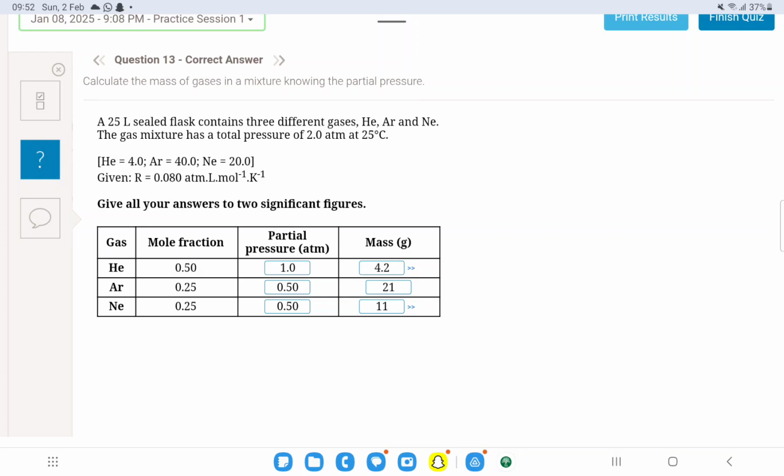We can find the moles with PV equals nRT. So PV, pressure is 2 and the volume is 25, so 50, equals n times 0.080 for R times temperature.